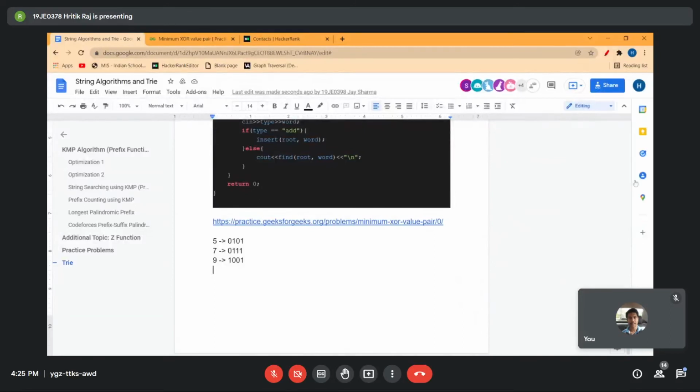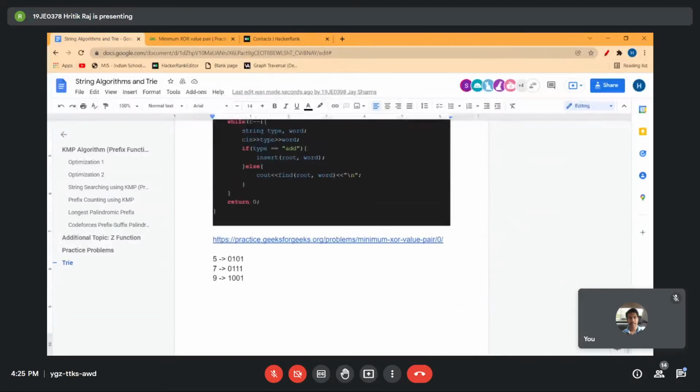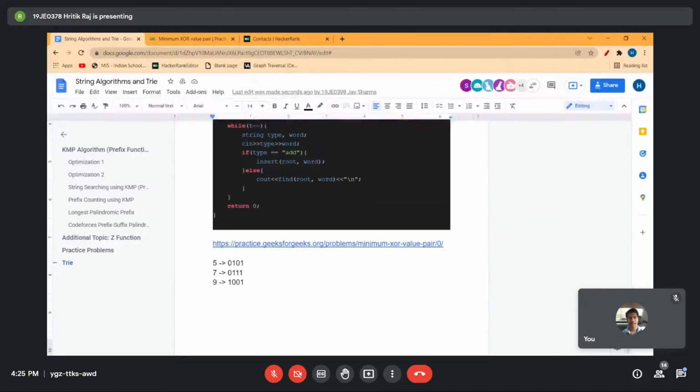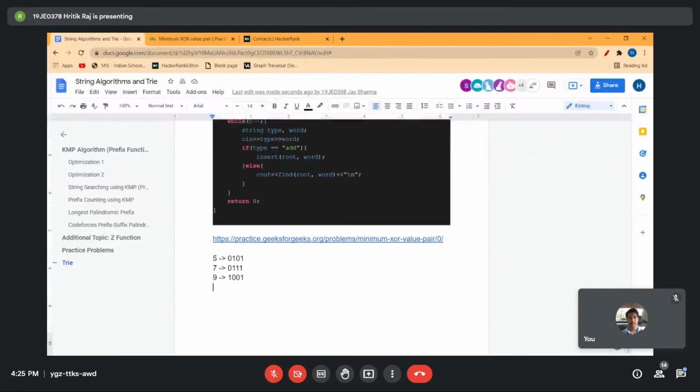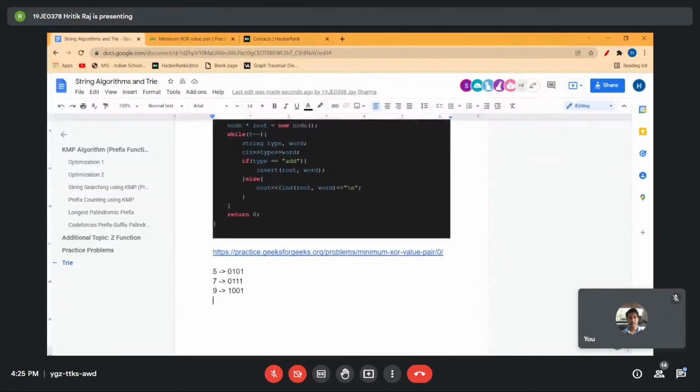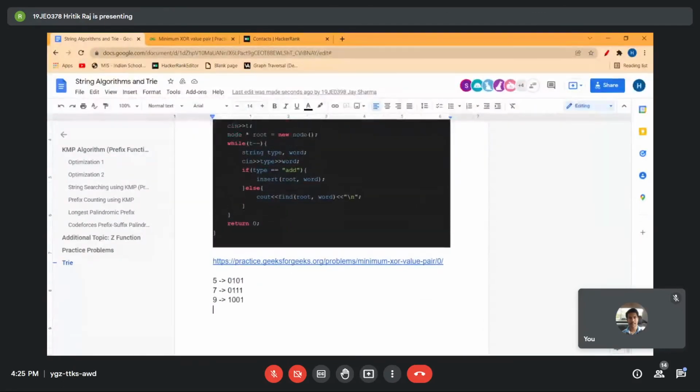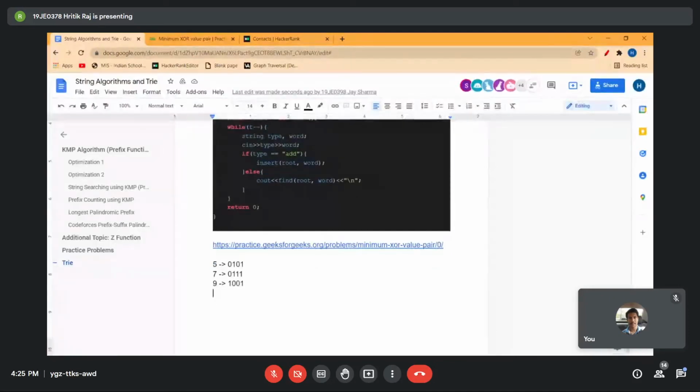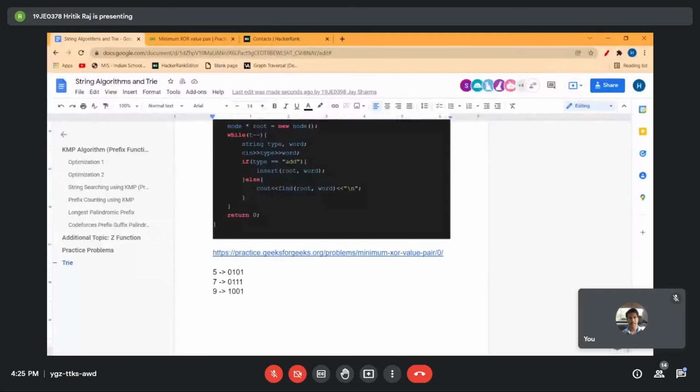I'm not writing the code as of now. I would like you to implement the code, so that we can see it tomorrow. Okay. We will be implementing the code tomorrow. But you try to implement this code.